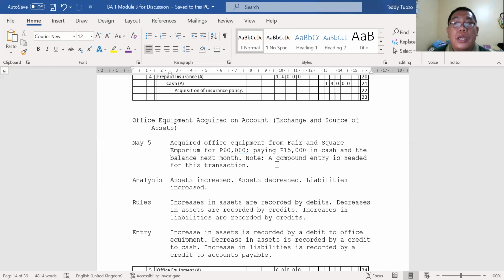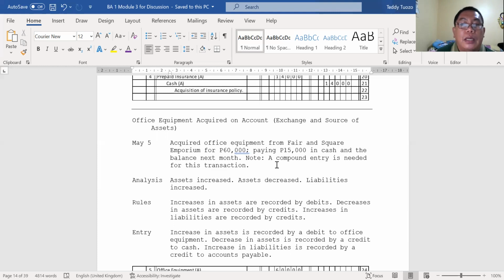And there will be two credits affected in the transaction: the cash that you paid, since cash is decreased in the transaction, and the increase in liability. Since there's no promissory note issued, the account title for this liability is only an accounts payable account.